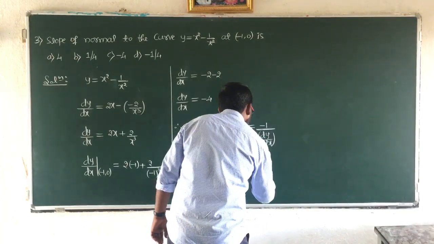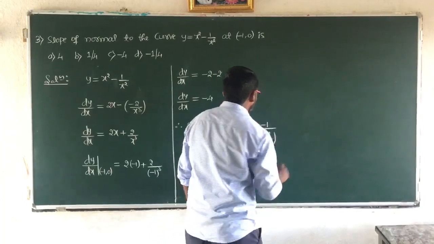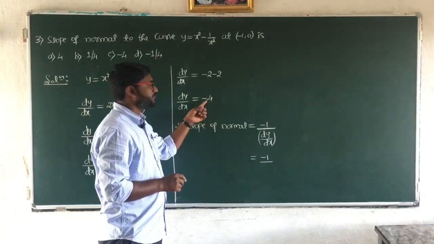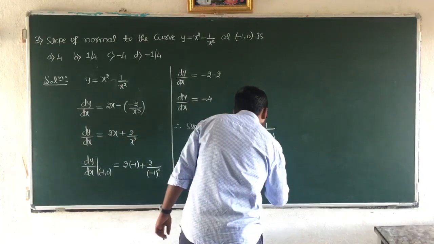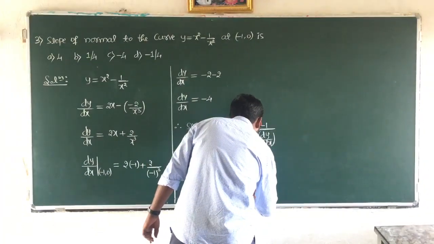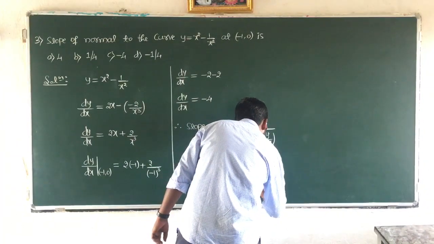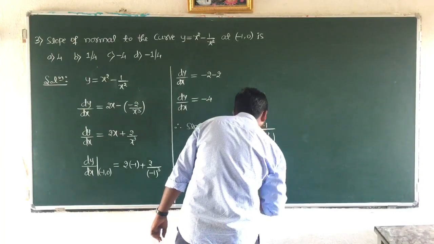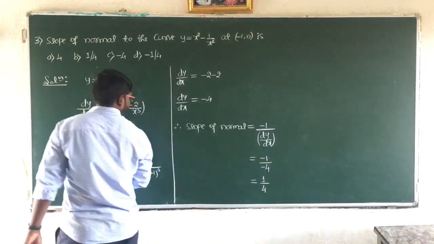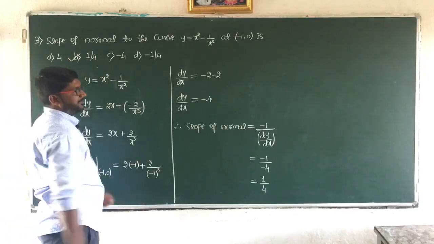So here minus 1 divided by, what is the dy by dx now? It is minus 4. So minus by minus is plus, we get 1 divided by 4. So which is the right answer now? It is the option B.